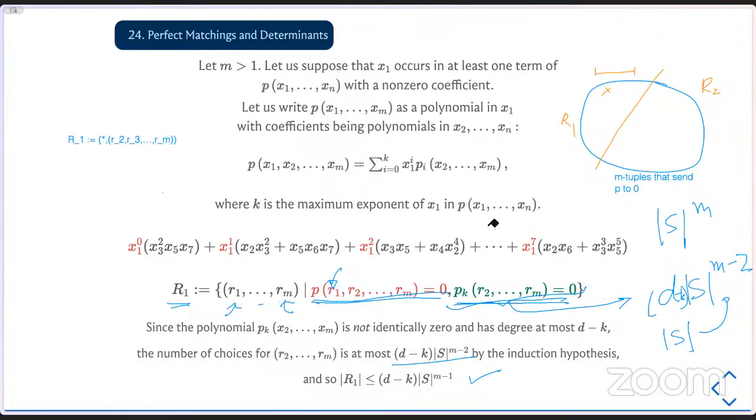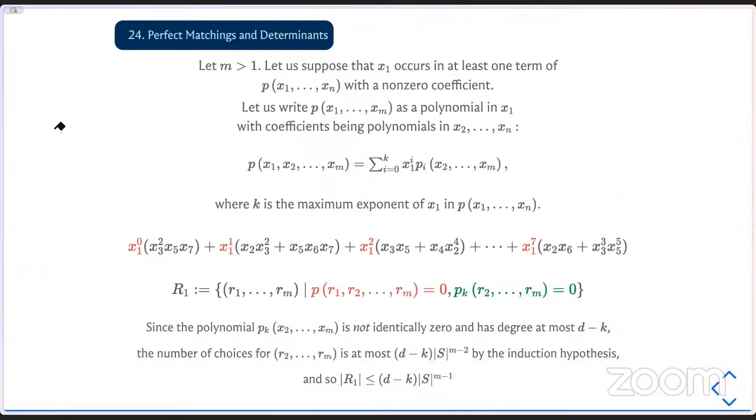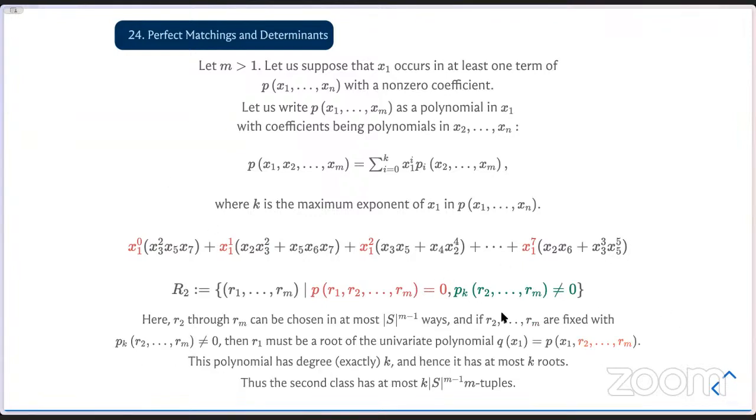So I'm going to switch over to checking out R2. R2 is basically the rest of it, where PK is not 0. So now the tail does not take PK to 0. And here again, we are doing this loose bound on the tail. Here we are saying that, as far as these guys are concerned, pick them however you like.